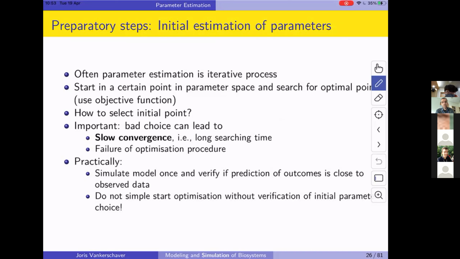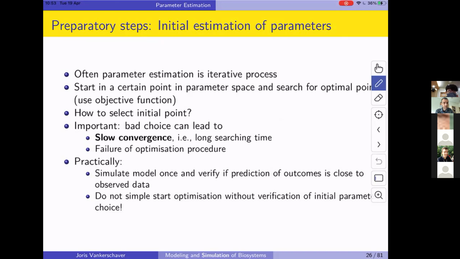So there are going to be two big classes of approaches that we can follow. One is that there may be a formula that gives us, analytically, a formula where we plug in some numbers and it gives us the parameters.